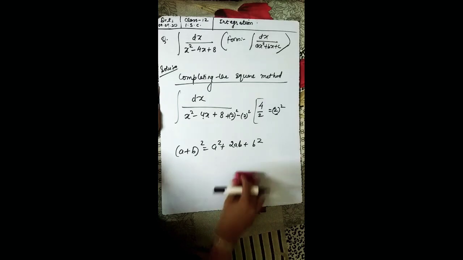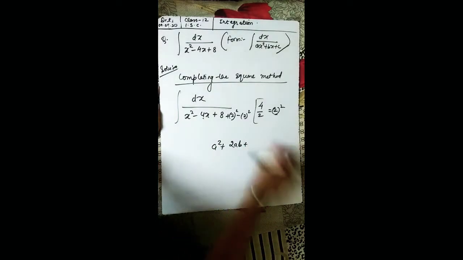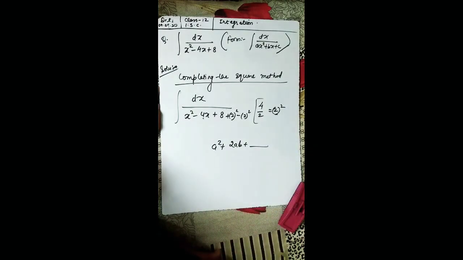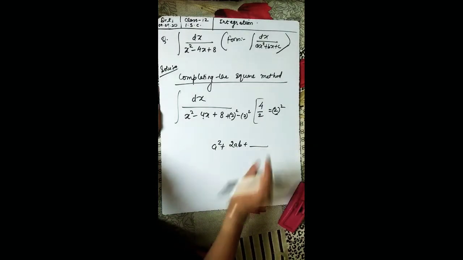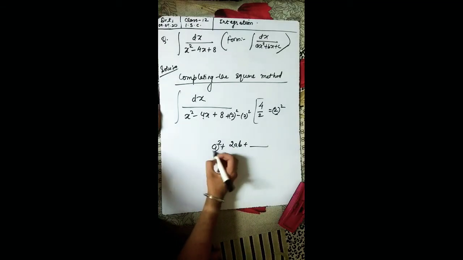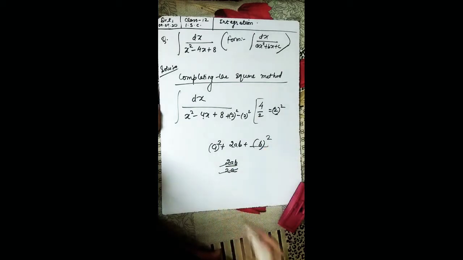Now, if I ask you, if you have a square plus 2ab plus dash, can you tell me what will be this term? So what we do, we divide this 2ab by a term, and by 2a also. If we cancel, we'll get b the whole square. Are you understanding me?